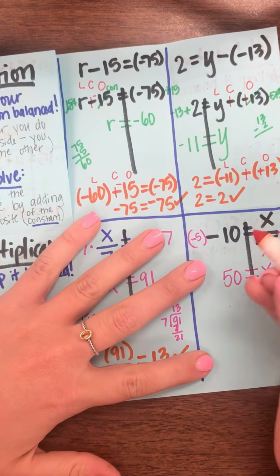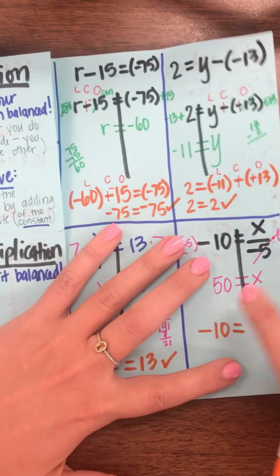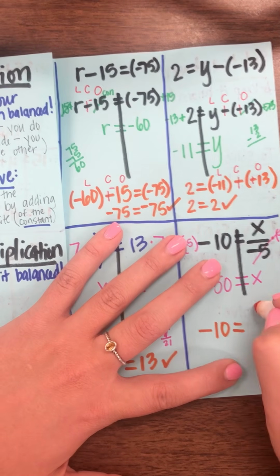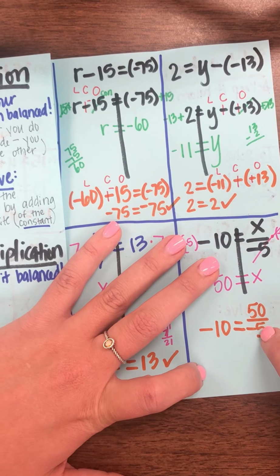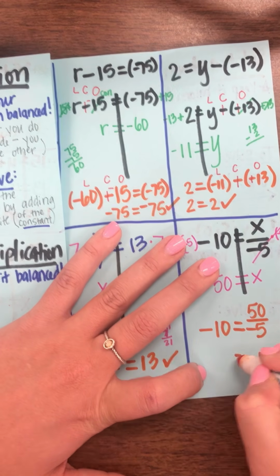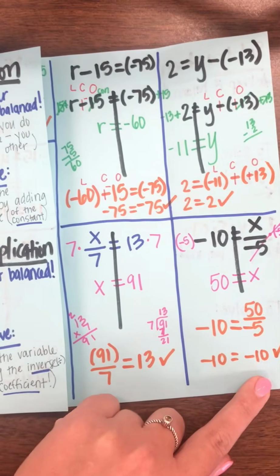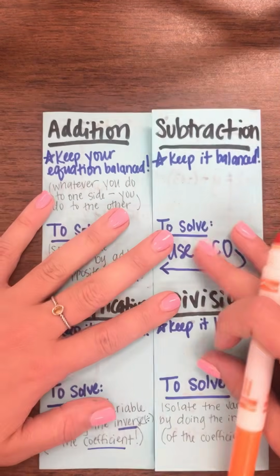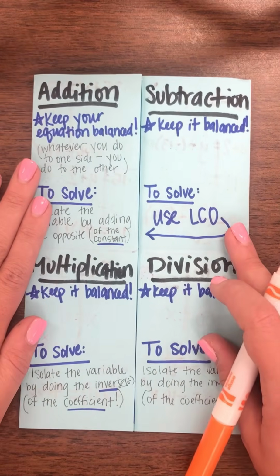And if we wanted to have proficient work, we're gonna do our check step, which means I'm gonna plug that 50 back in for x. 50 divided by negative 5 is negative 10. So does negative 10 equal negative 10? Yes, it does.